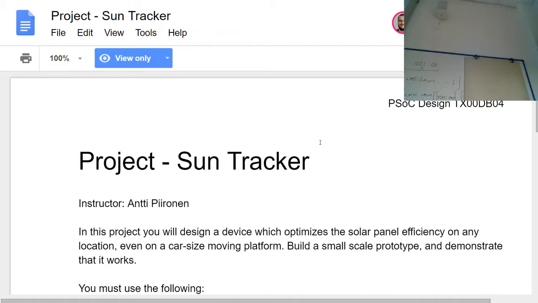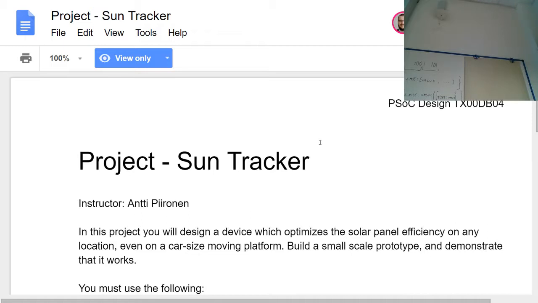So basically, you would have a device which can look up on the sky, maybe like that, 180 degrees at different angles. 180 degrees meaning that our servo is actually 180 degrees.